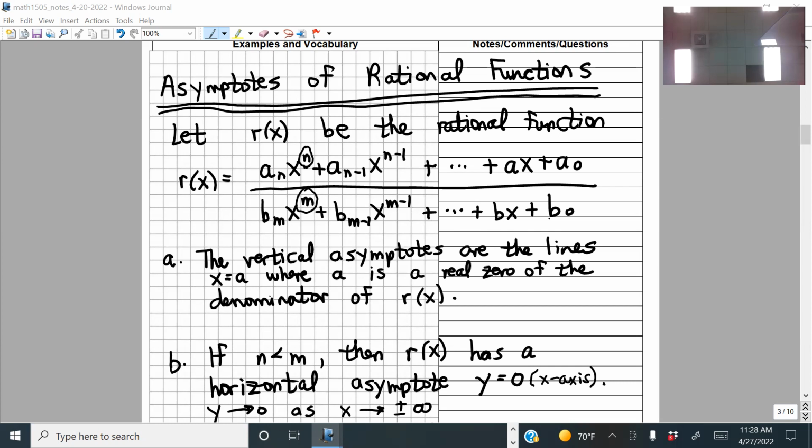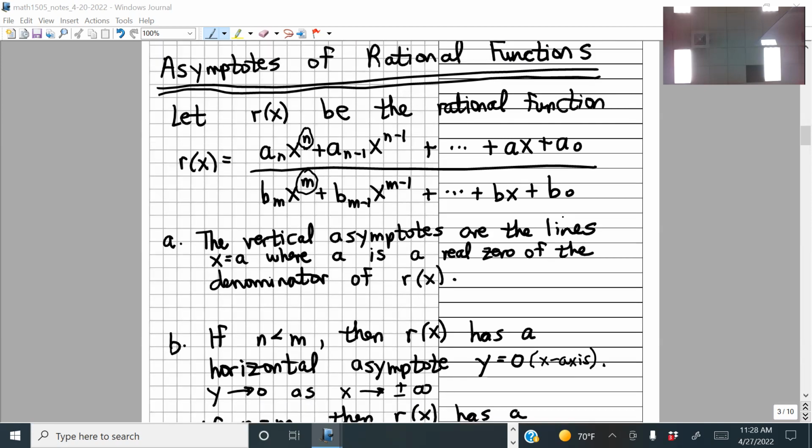Now, theoretically it's easy to find the vertical asymptotes. Just find the zeros of the denominator. What are the zeros of the numerator? What do they tell you, by the way? That is not in this diagram because it has nothing to do with the asymptotes. But what do the zeros of the numerator tell you for your rational function?